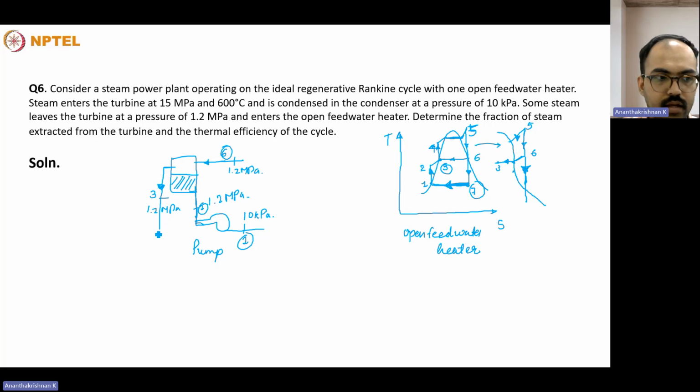So 1.2 megapascal you'll get, then 7. Yeah.